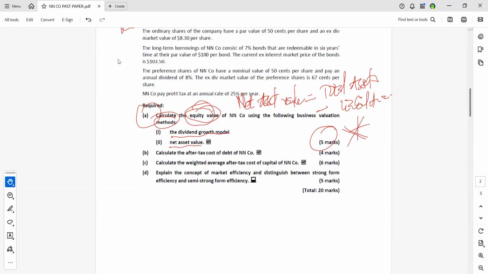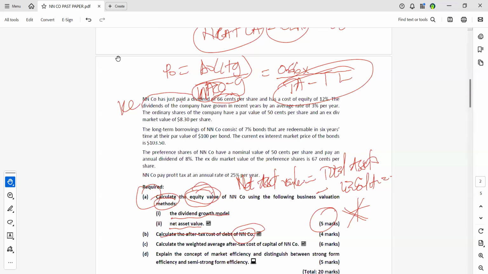The next one is our good friend. Calculate the after-tax cost of debt of NNC. So in calculating the after-tax cost of debt, I've already informed you that your examining team is all the time interested in the third formula that we use to calculate cost of debt.